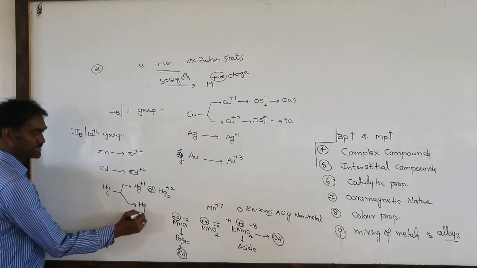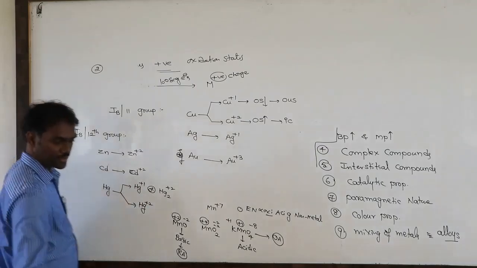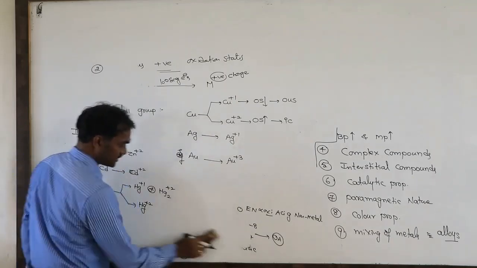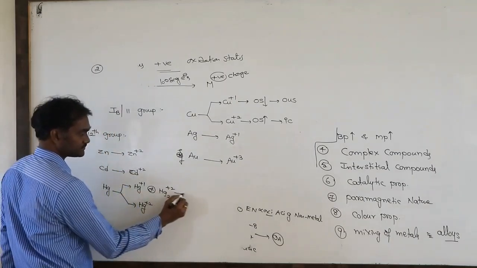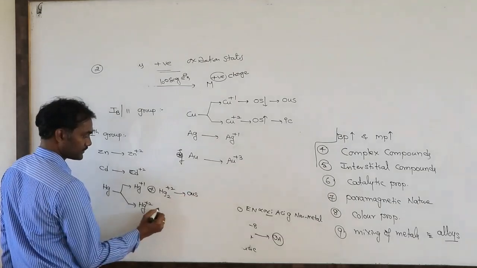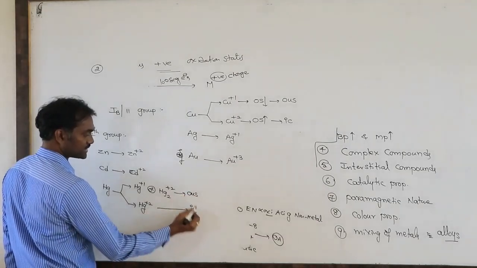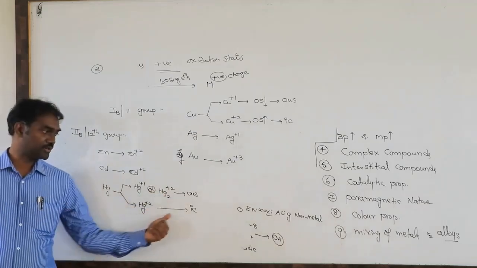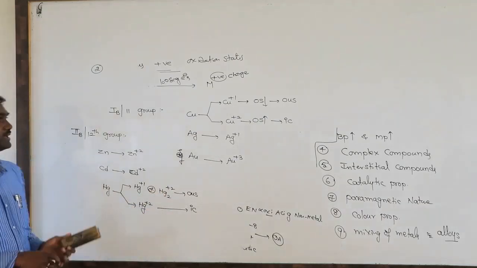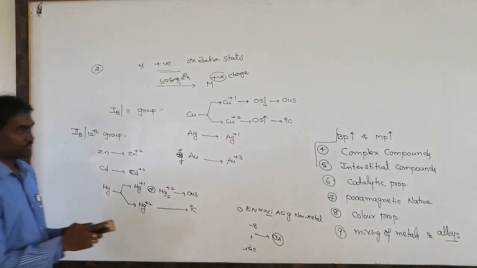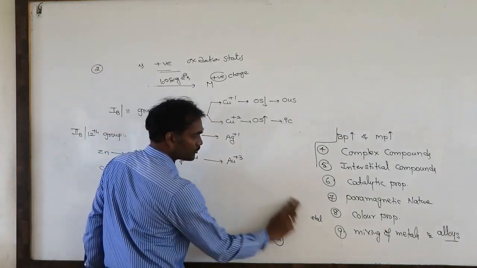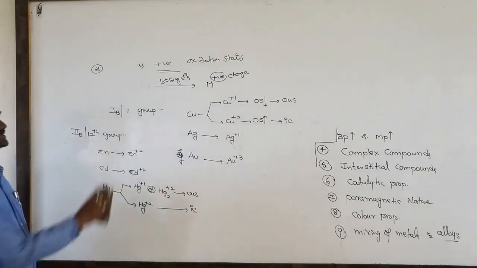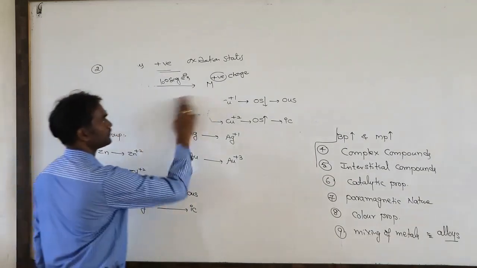Next, Hg plus 2. Here also the lowest oxidation state is -ous and the highest is -ic, so mercurous and mercuric. The entire formation of compounds depends on oxidation states only, so oxidation states are very, very important.